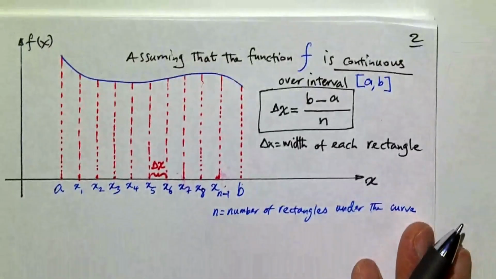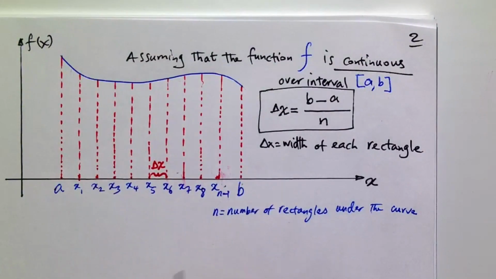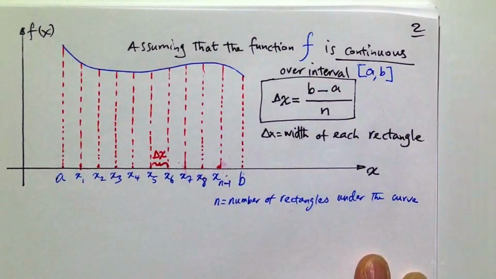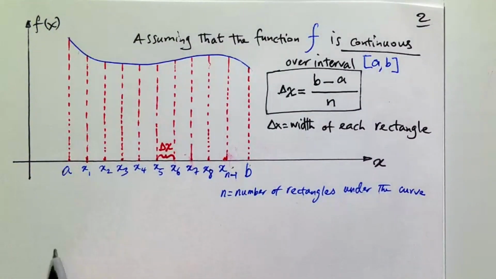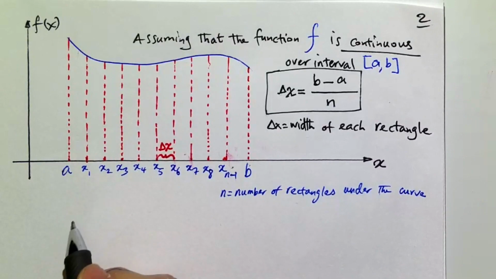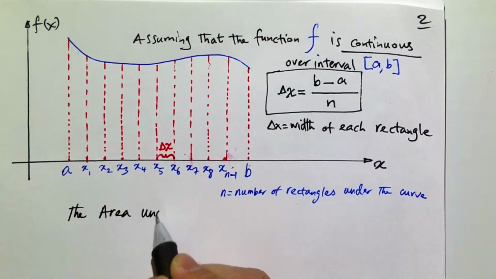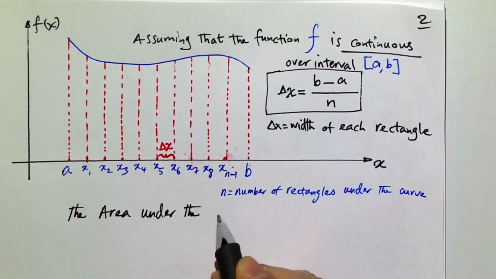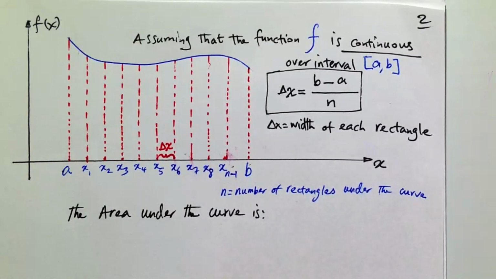So given this width, then the area under the curve, we can calculate it as such. So delta x, so the area under the curve is as follows.